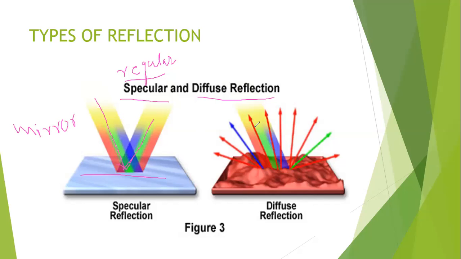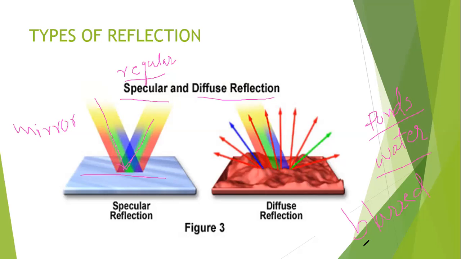Diffuse reflection occurs when light hits a rough surface or a surface that is moving, for example ponds. Ponds have water, and water is in movement. So when you are seeing your image in the moving water, it is blurred. So in diffuse reflection, you cannot see the clear image.